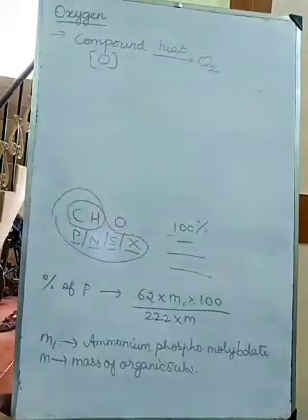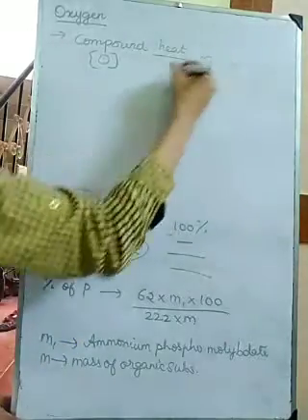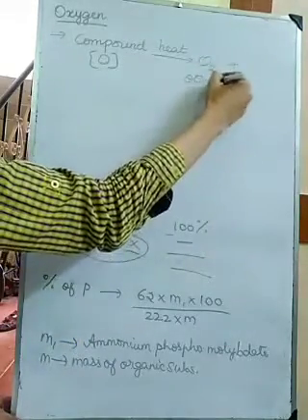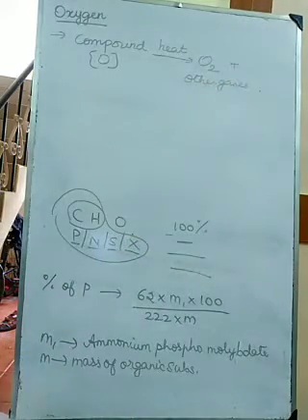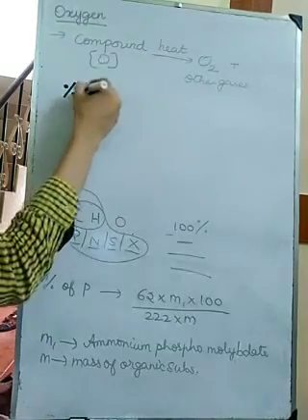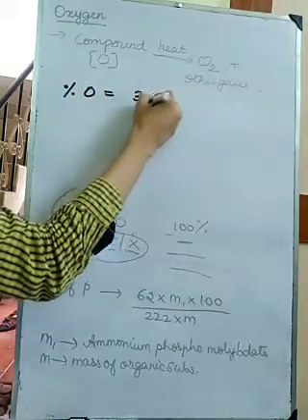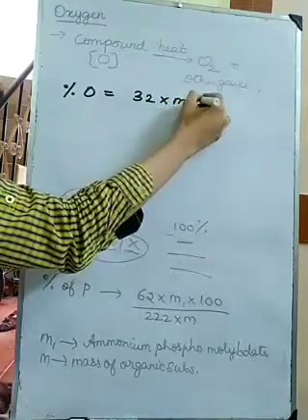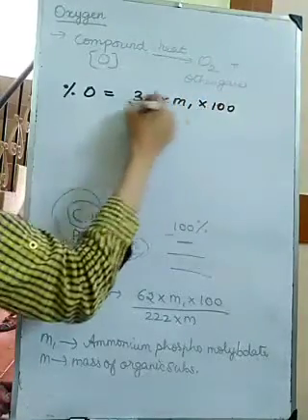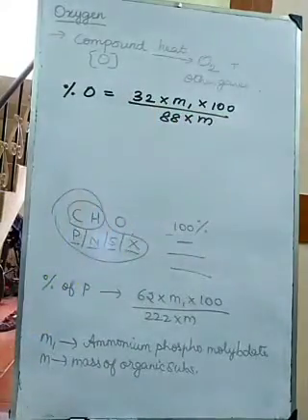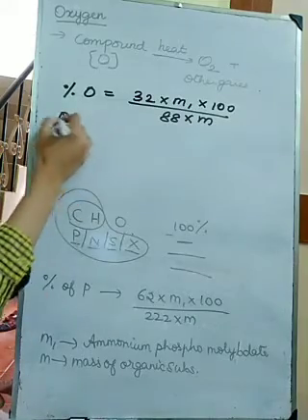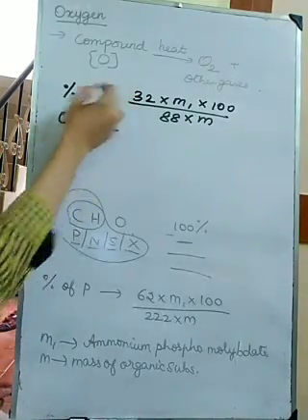Oxygen gas will be liberated, and along with oxygen gas, other gaseous products will be liberated. So the percentage of oxygen can be calculated as 32 into M1 into 100 divided by 88 into M. So 32 is the mass of oxygen, O2.